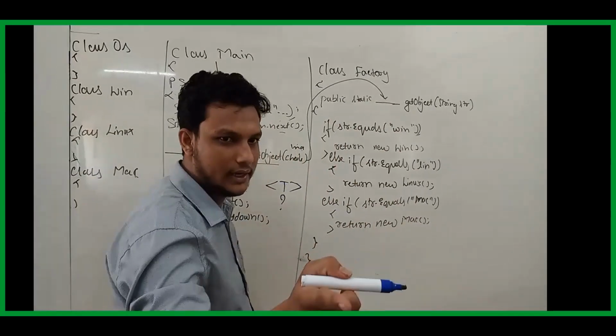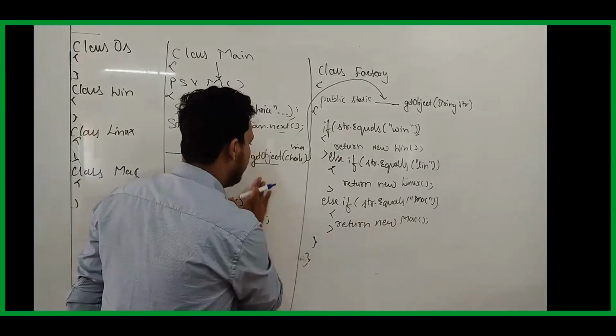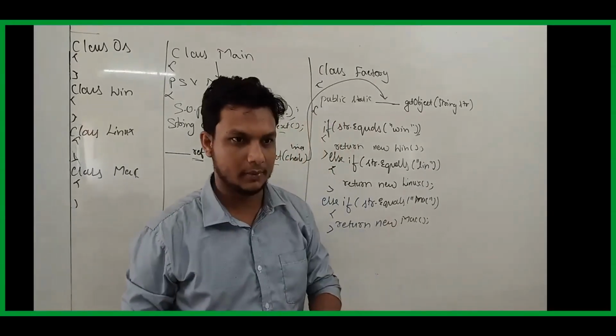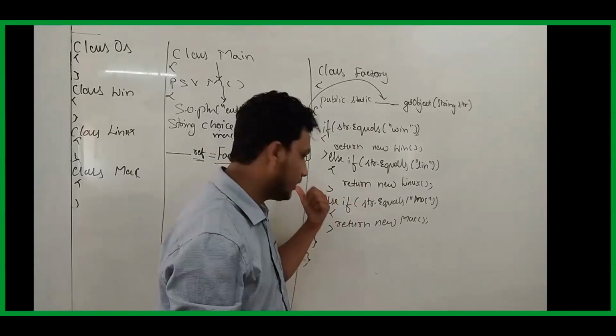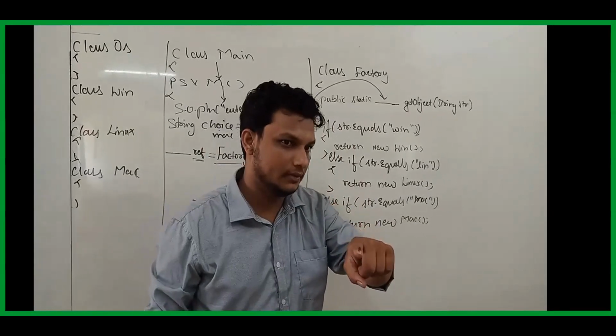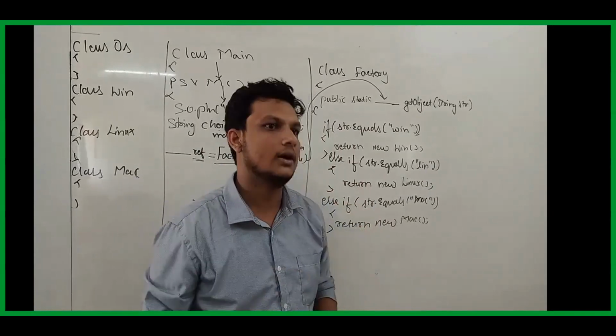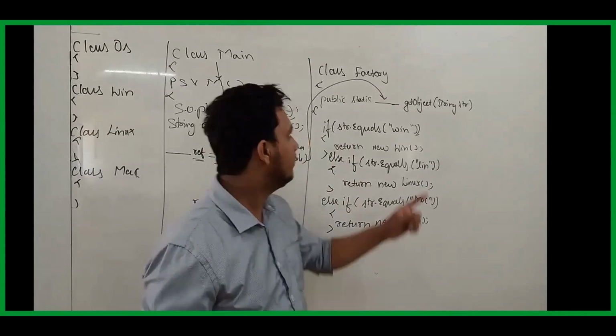I know, but these people are not aware of all those things, so I can't tell that one. But the T or that question mark has to be replaced by something. Then tell me what should be the return type.